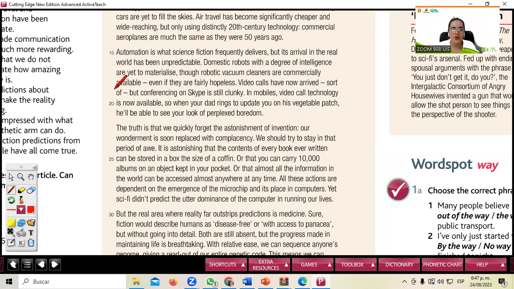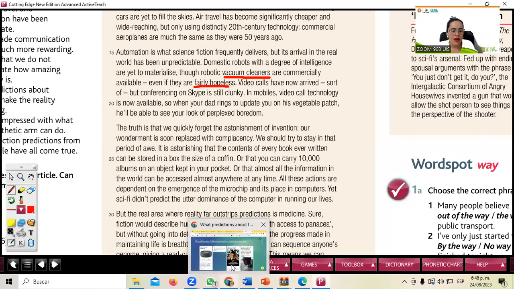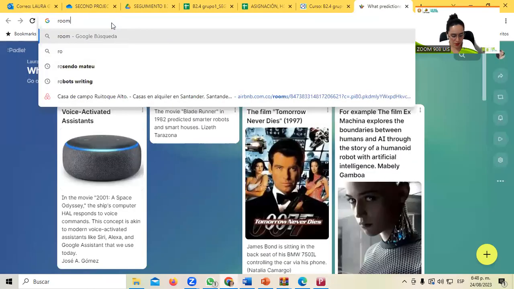Let's see new words. Julian? Okay, when it says fairly hopeless, is it talking about the machines? The machine doesn't have enough ability? Yes, okay. So it means the robotic cleaners. Have you seen the vacuum cleaners like the Roomba?